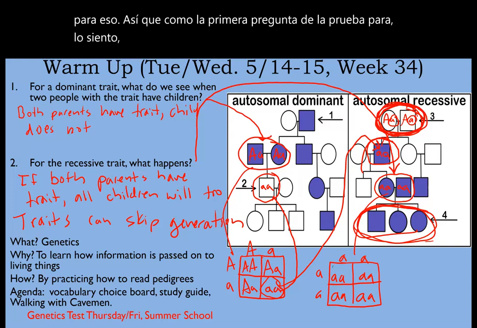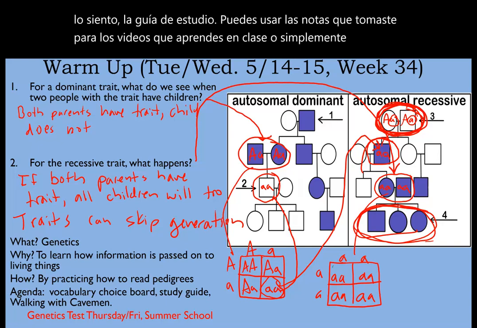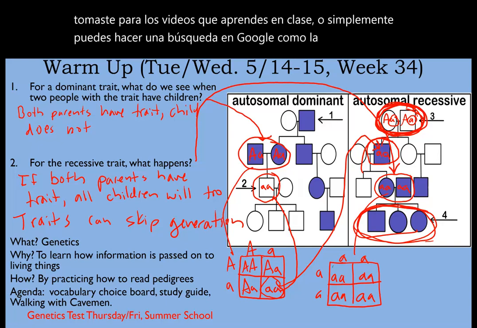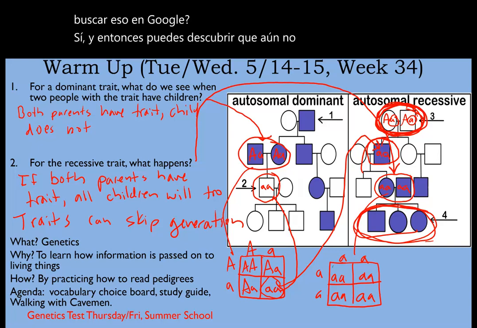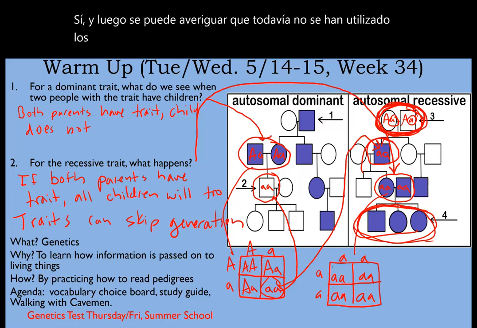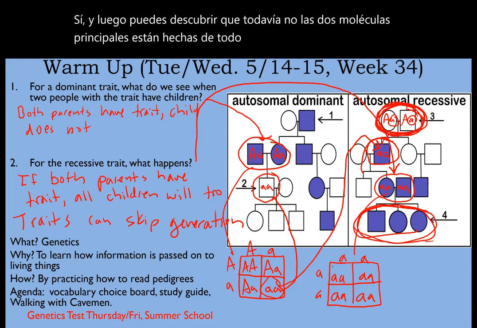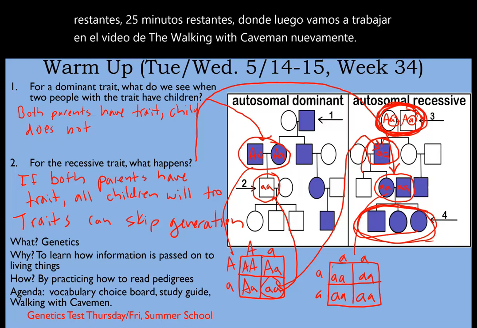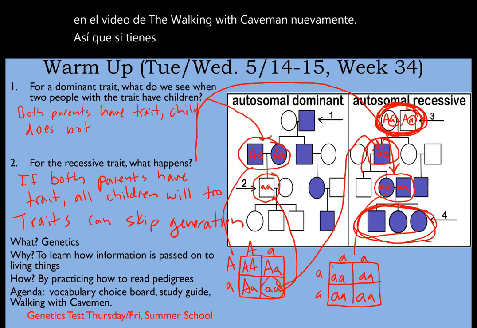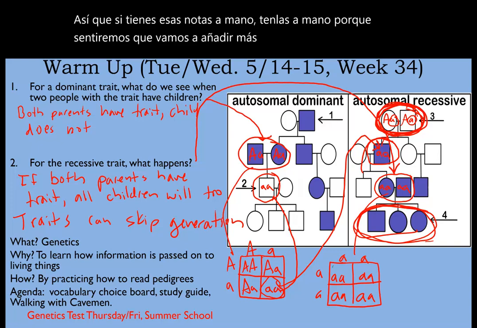You can use the notes you took for the videos you learned from in class, or you can just do a Google search. The first question is, what are chromosomes made out of? Could you Google search that? Yes. And then you can find out the two major molecules they're made out of. With about 25 minutes left, we are then going to work on the Walking with Cavemen video again. So keep those notes handy, because we'll be adding more to those and turning those in today.